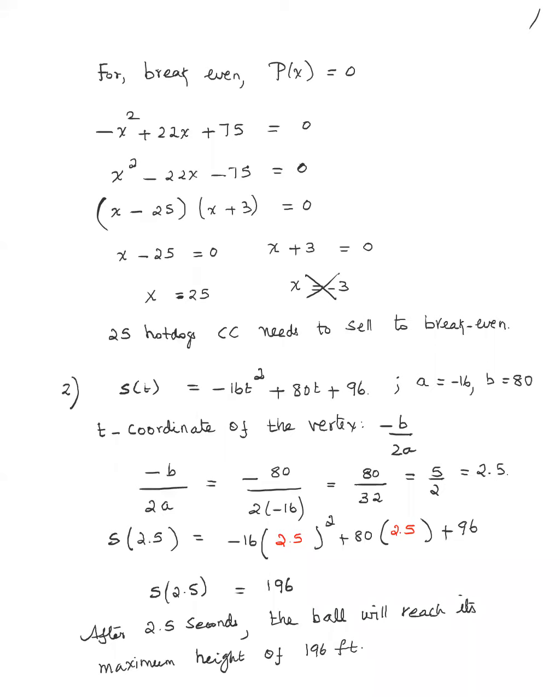Then there is another question in the same problem. After how many seconds does the ball strike the ground? When the ball strikes the ground, the height will be 0.